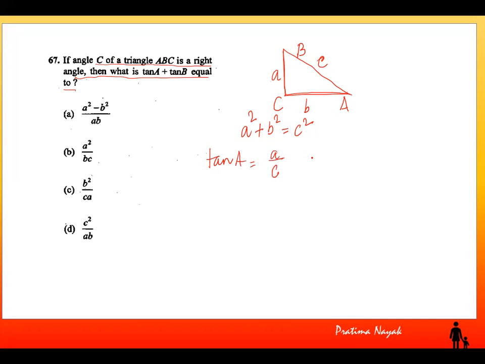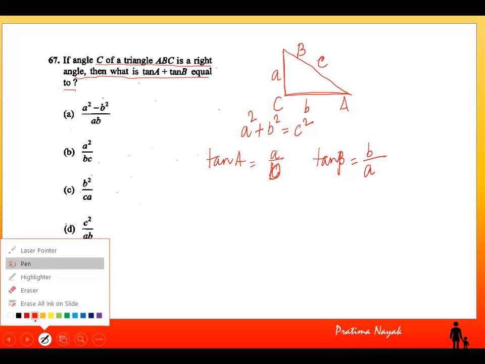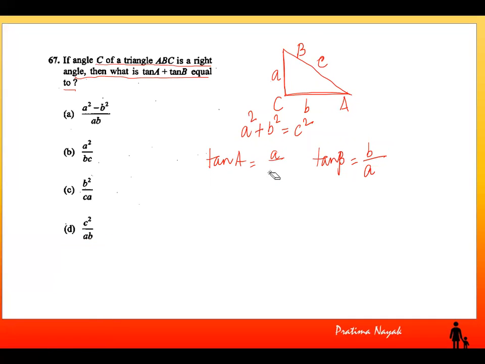Angle opposite is A. Tan B, for B, opposite is b. Tan A is equal to opposite by base. It is a blunder. It will be a by b, and this will be b by a. Let me rub and write because it is a mistake.